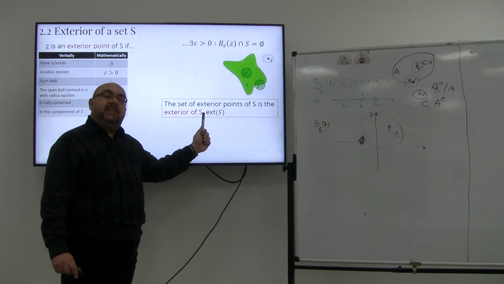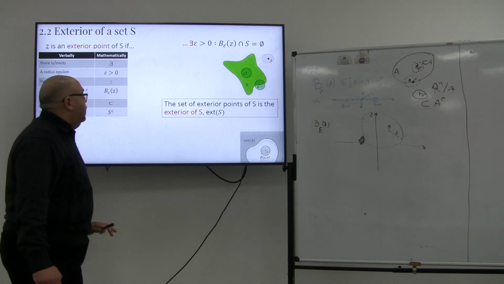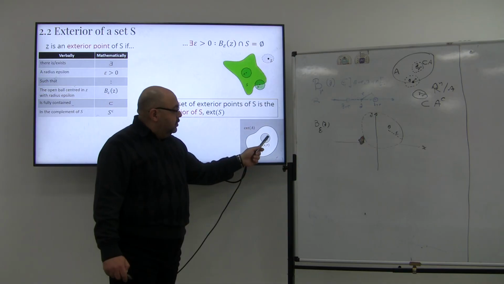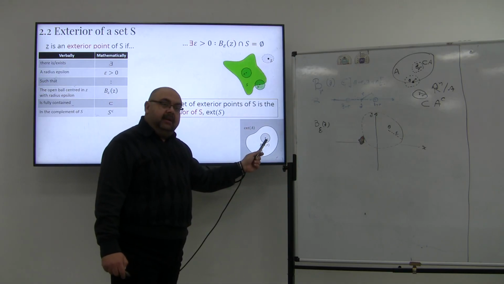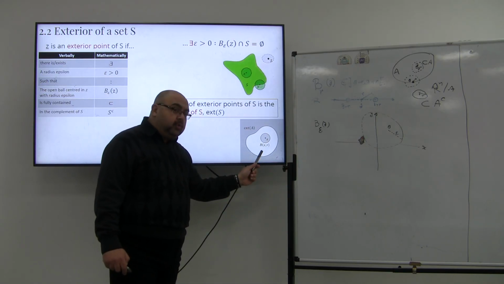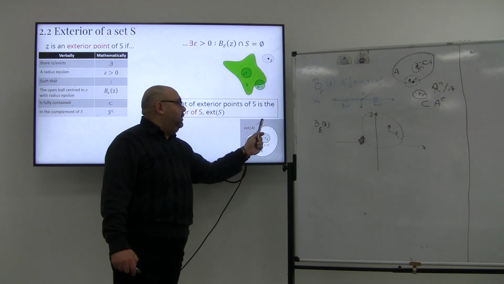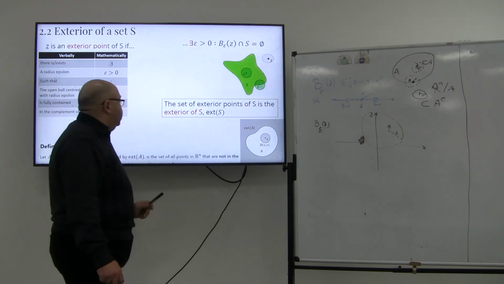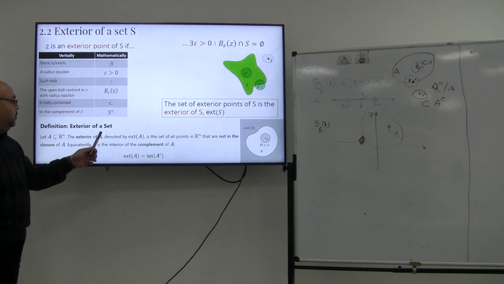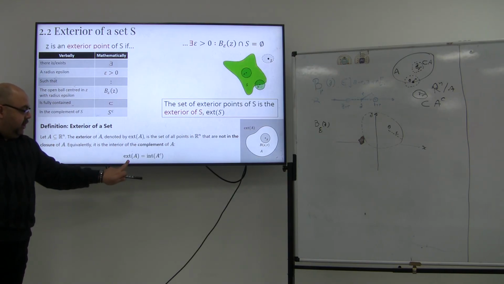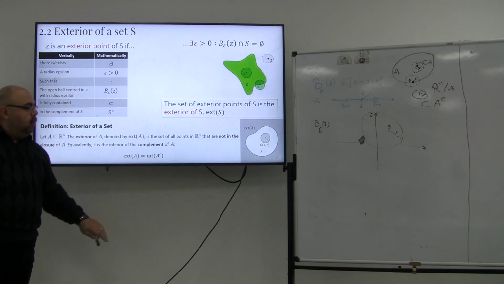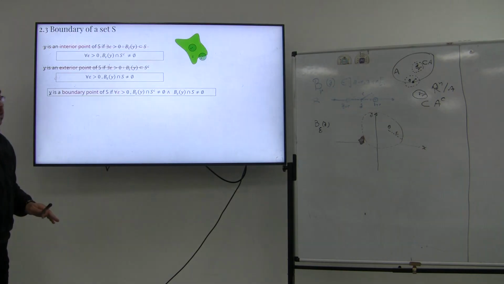S dash, S complementary. Right. Excellent. Here I'm giving you the shape: if this is A and this is point X, which is an interior point with respect to A. But this is the shape of the exterior points, which is the shaded area. Definition of the exterior of a set once more: the exterior of A is the interior of A complementary, or the whole universe except A.